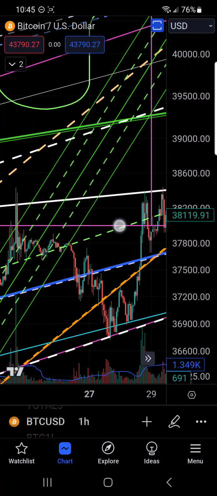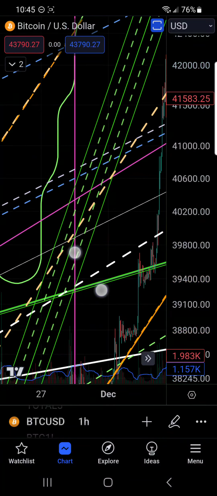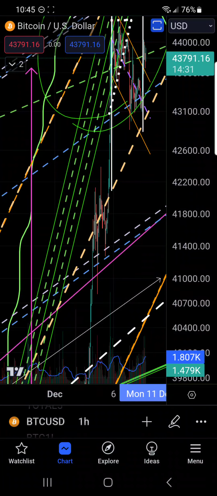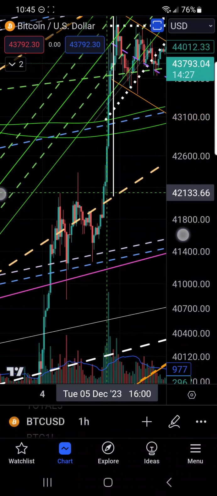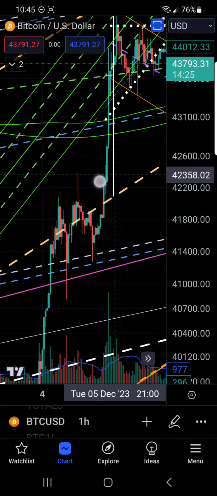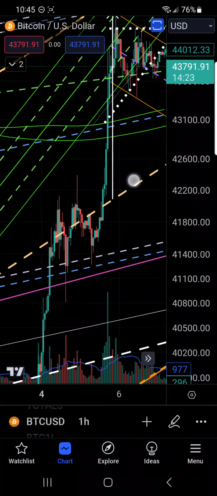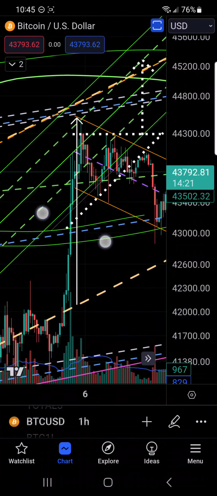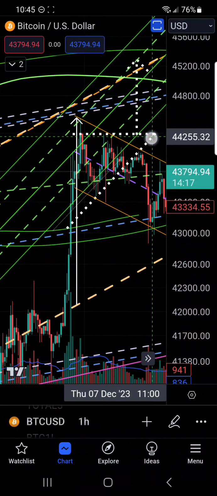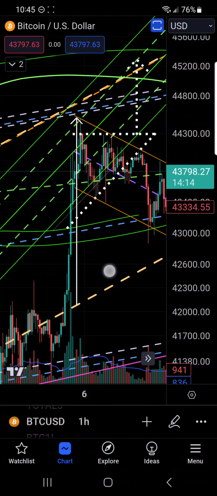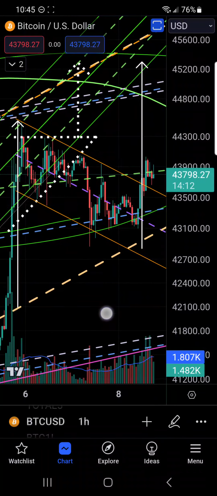Here we are back traveling outside it here, and then boom, exploded right back up into it here. And then consolidated in this ascending triangle pattern, which we fell out of and formed the bull flag here.